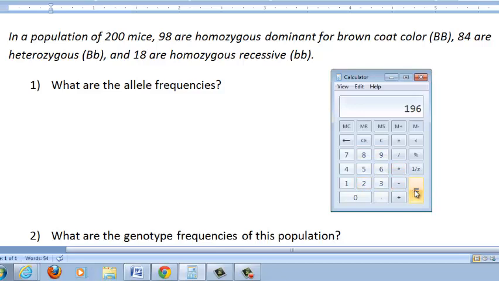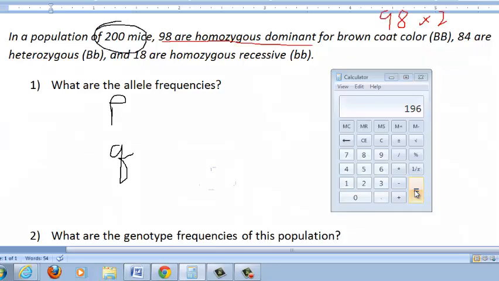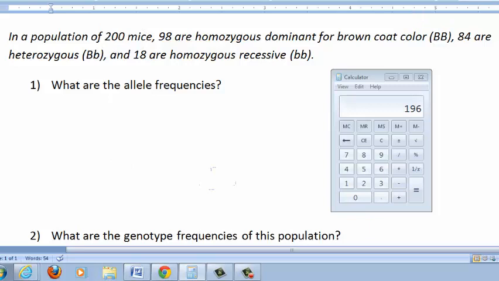Then we've also got some big B's in our heterozygous individuals, right? So 84 are heterozygous, and each of those only gives 1 big B. So we're going to add 84 to our 196. Again, we're just trying to add up all the total big B alleles. So that's 280.